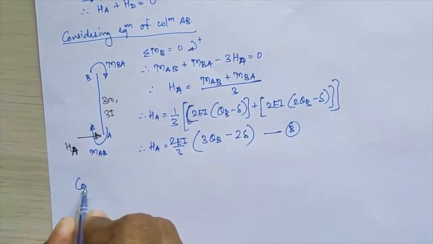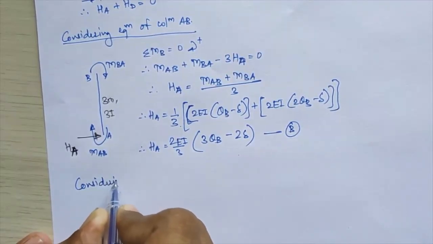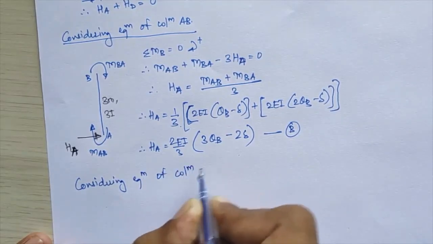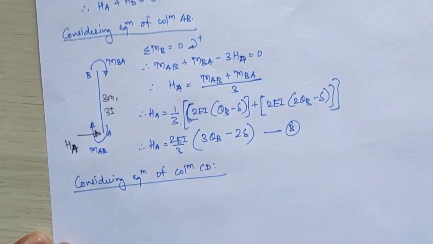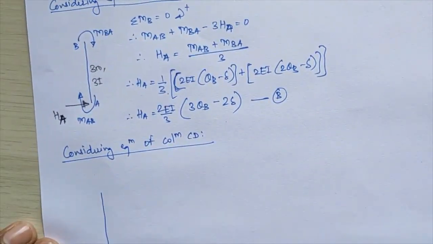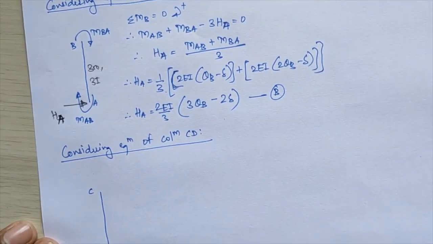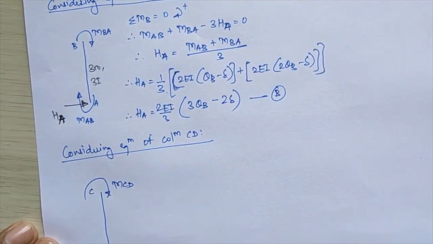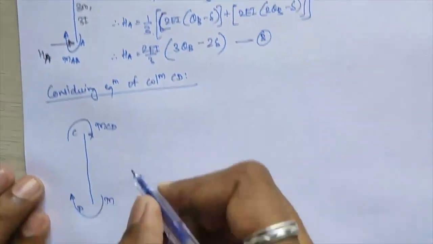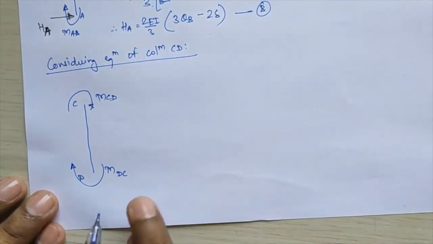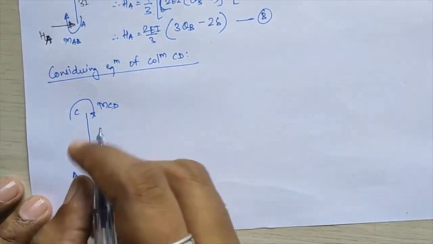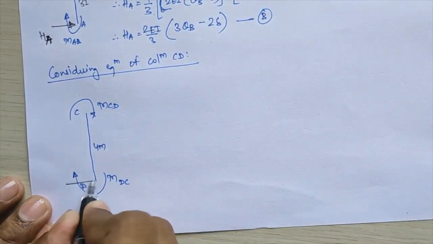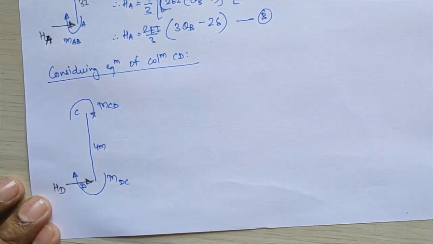Next I'll consider the equilibrium of column CD for calculating my HD value. This is my joint C and joint D. The fixed end moment acting here will be MCD, and at the other end MDC. The length of this column is 4 meter, and the horizontal thrust acting at point D is equal to HD.